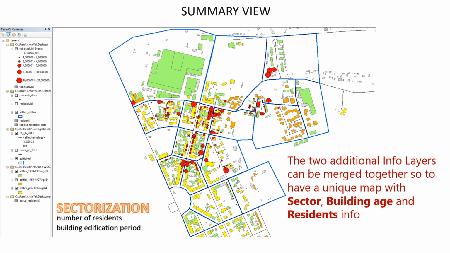So for sure, when we need to define a priority among the sectors, the sector with the higher density of residents and the higher vulnerability can be taken into consideration as the sector with higher priority.